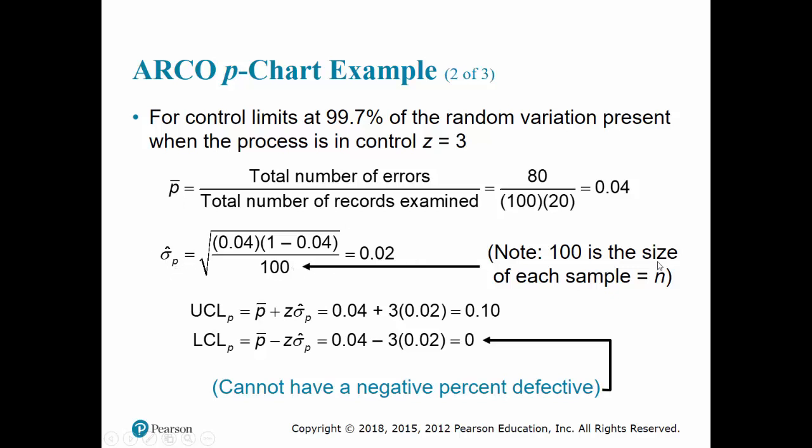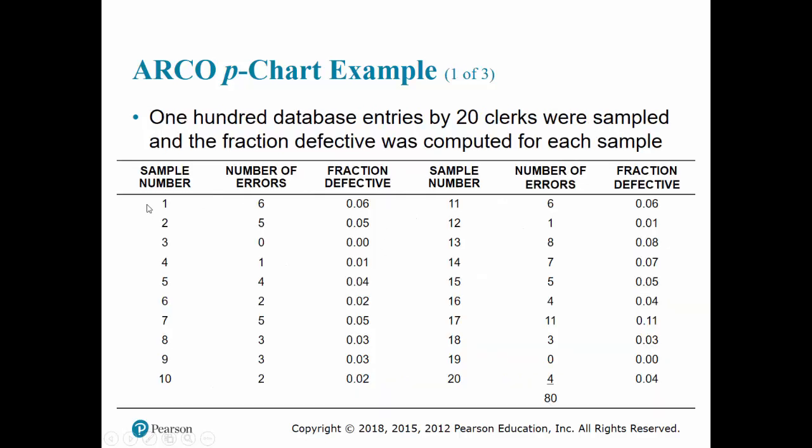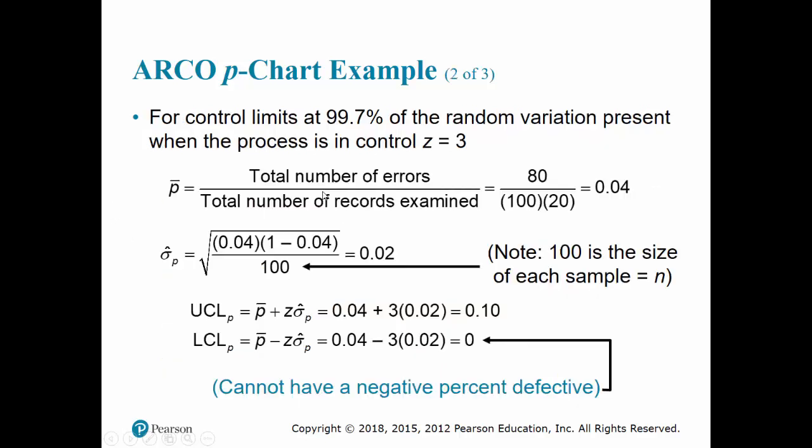And again, you have to be very careful to distinguish between the number of samples and the sample size. Sample size is the number of observations in one sample, as opposed to how many samples there are. So here there are 20 samples, each with 100 observations, so n is 100, and then you plug it in and calculate.